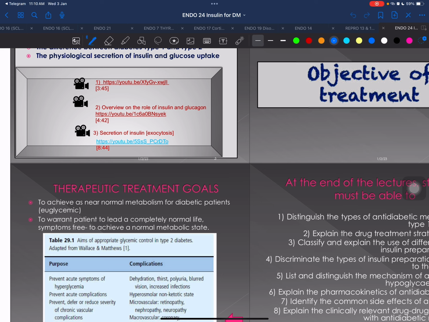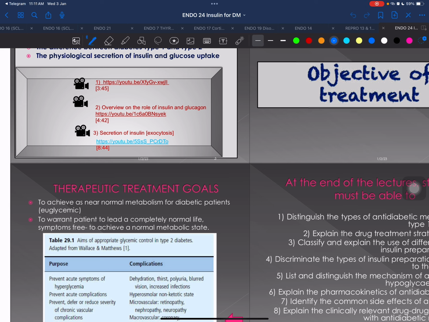In these slides, okay, you can see that it is about glucose-dependent insulin secretion. So this is the physiology of how insulin is being secreted when there is a high glucose level in the blood.